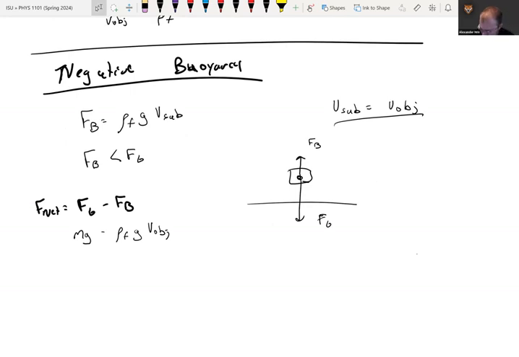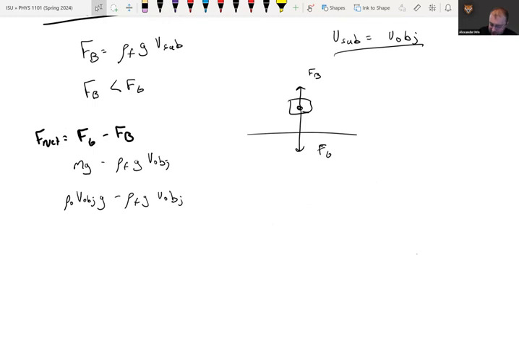You can fiddle around with this and say the density of the object times the volume of the object times g, minus the density of the fluid times g times the volume of the object. What you can see is that you can factor out g times the volume of the object, and then you have the density of the object minus the density of the fluid.